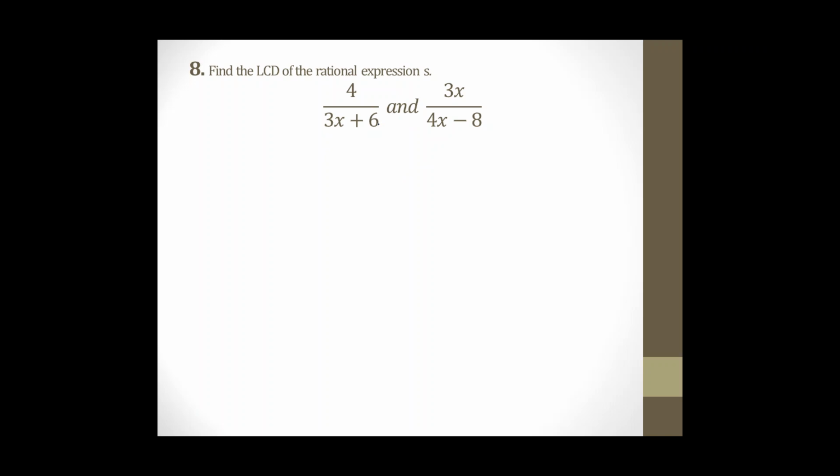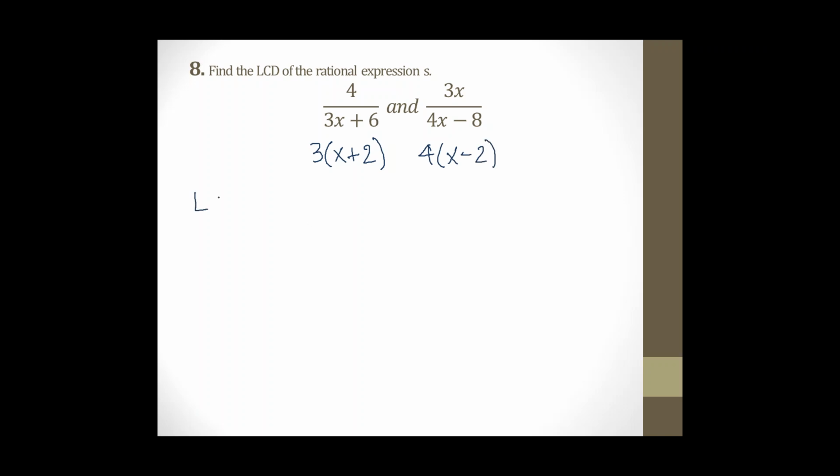So I'm going to factor this denominator here. They both have a GCF of 3. So when I factor out a 3, I'm going to be left with x plus 2. And then I'm going to factor this denominator. They have a GCF of 4. So when I factor that out, I have 4 times x minus 2.